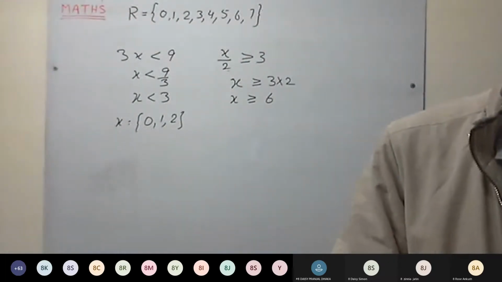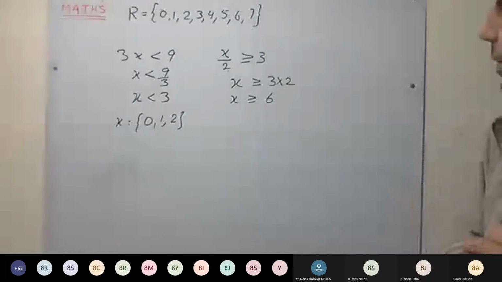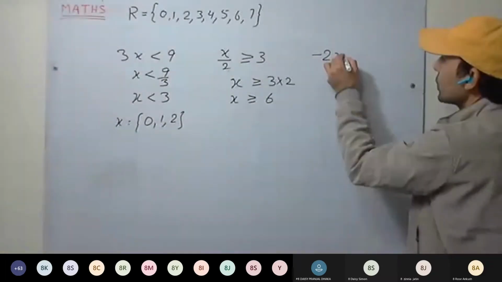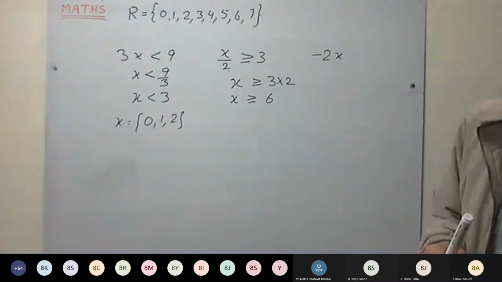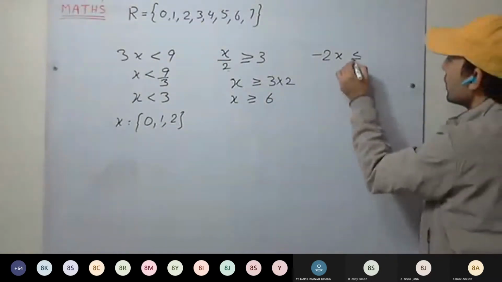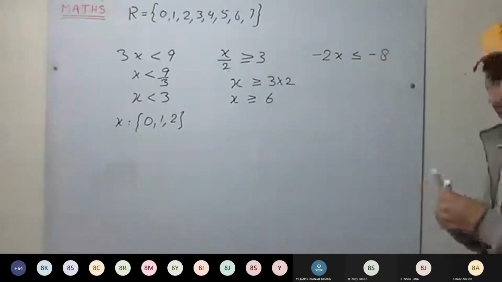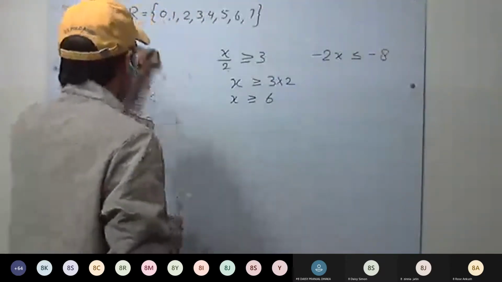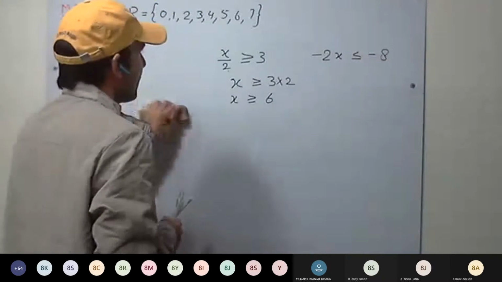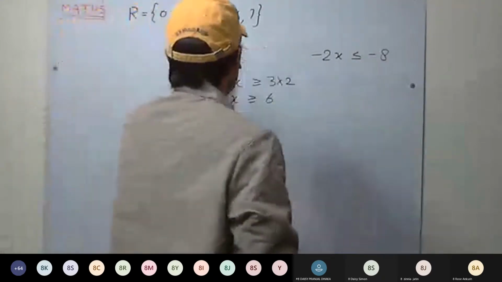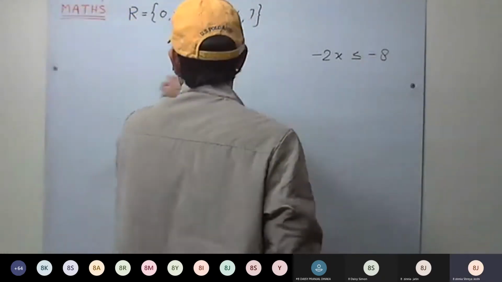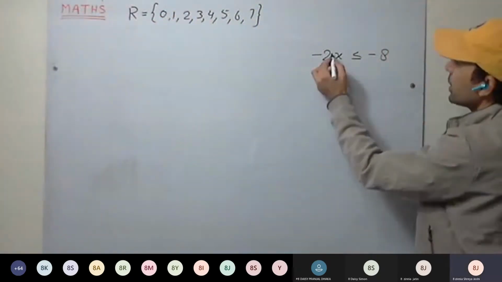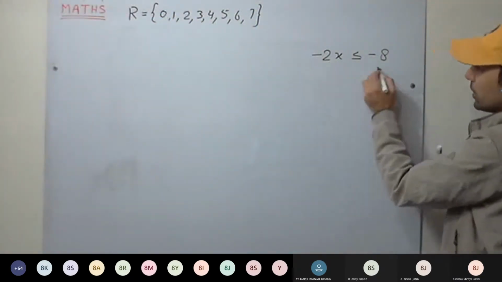Okay, ninth, try to do the ninth question. It is minus 2x less than equal to minus 8. Try to do this one. So by what number will we be dividing? So see here, this time we are taking minus 2.